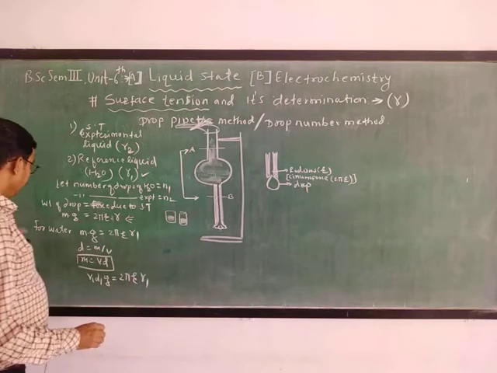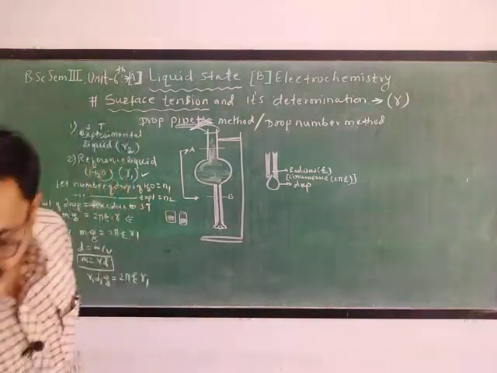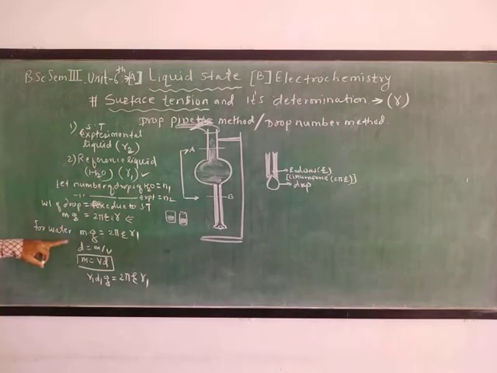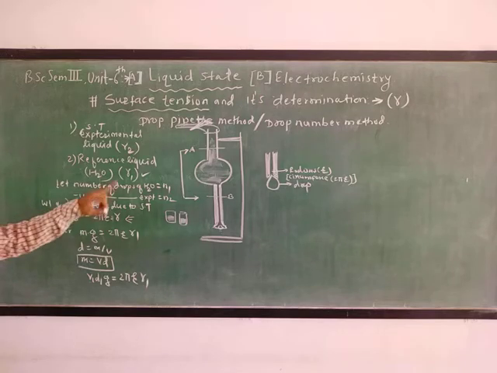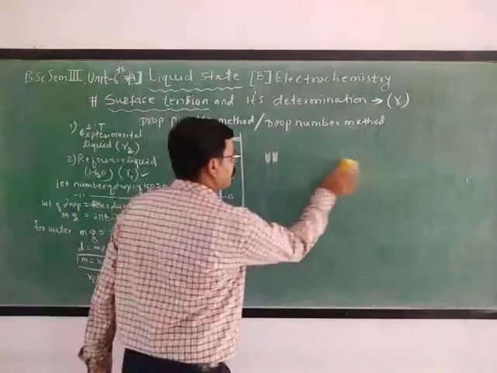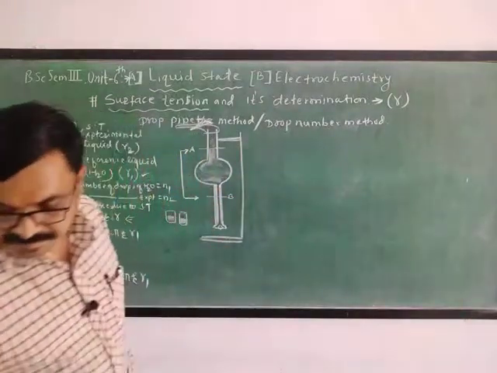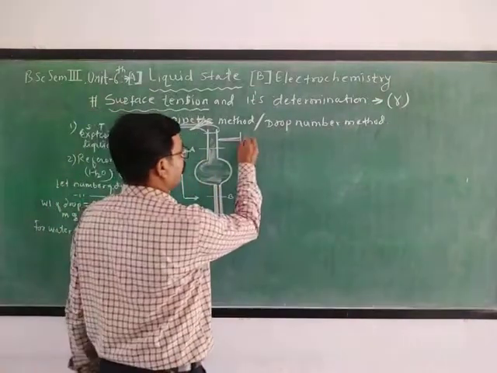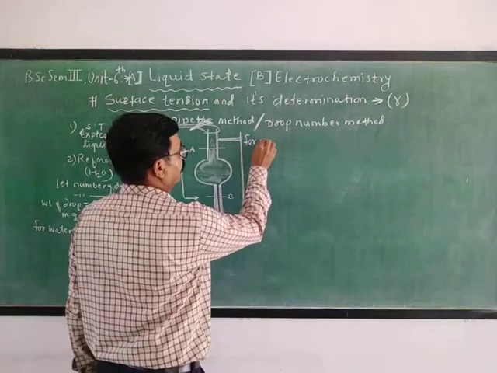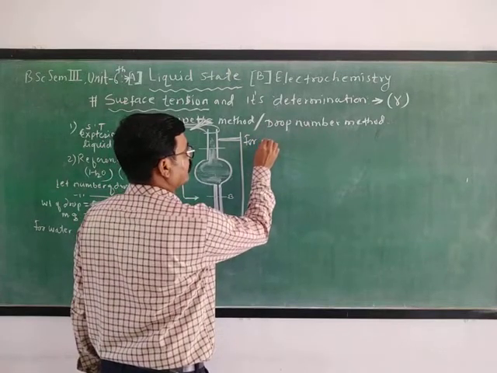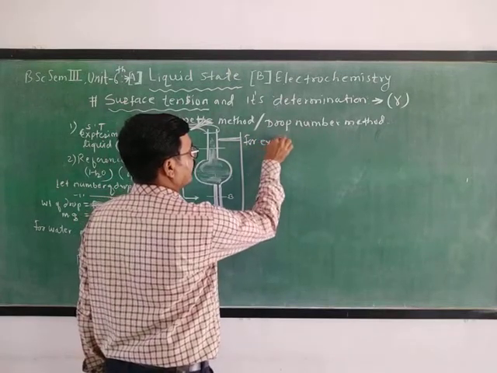Now after this, same formula: mass into gravity, that is weight of the drop, is equal to force due to surface tension, for our experimental liquid, the liquid for which we have to determine the surface tension.